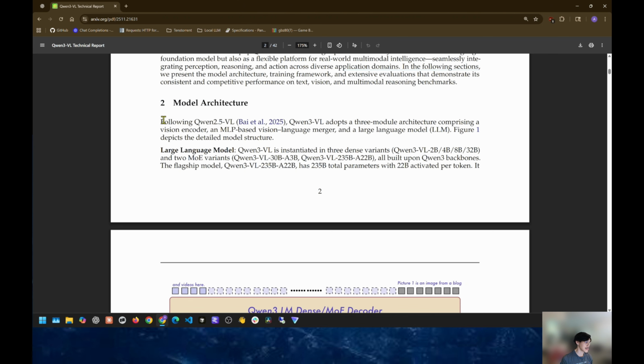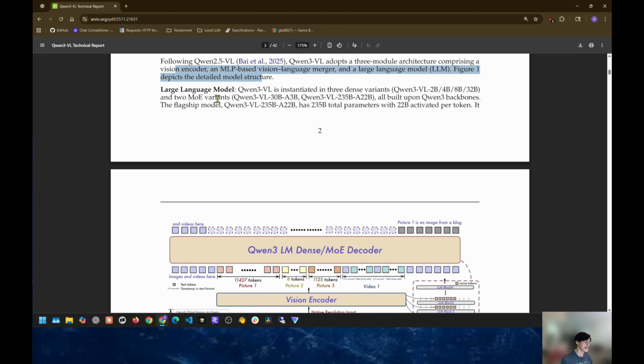Model architecture. Following Qwen 2.5 VL, Qwen3 VL adopts a 3-module architecture comprising a vision encoder, an MLP-based vision language merger, and a large language model, LLM. Figure 1 depicts the detailed model structure.